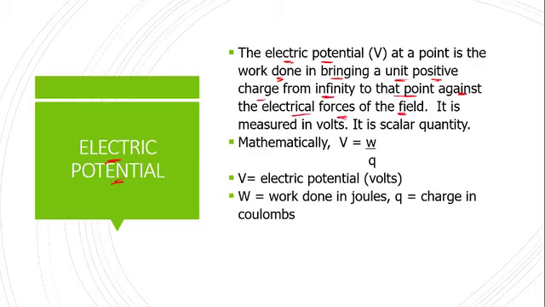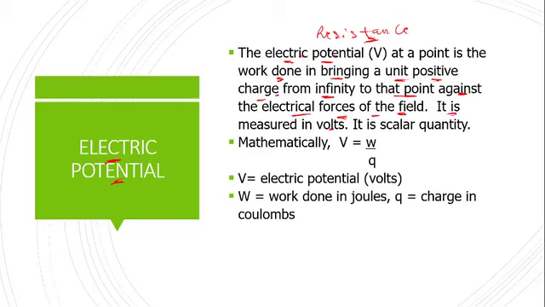Electric forces in a field resist the bringing of a unit positive charge to any point, hence work has to be done to overcome the resistance. That work done in bringing a unit positive charge from infinity, or from zero, to any point in the electric field is what we call electric potential or potential difference.